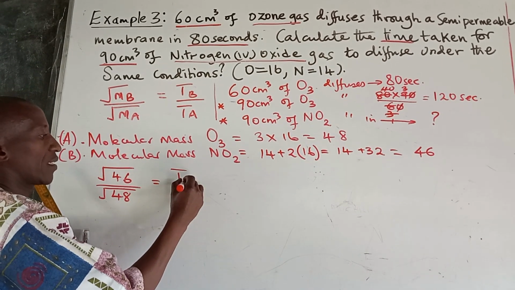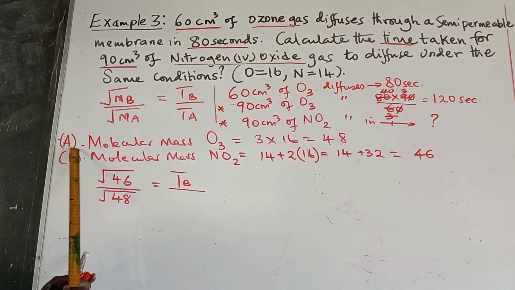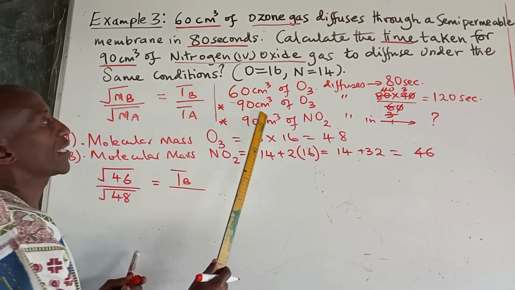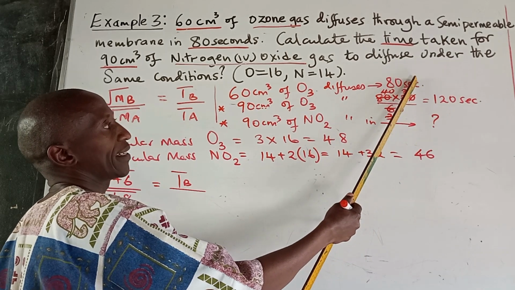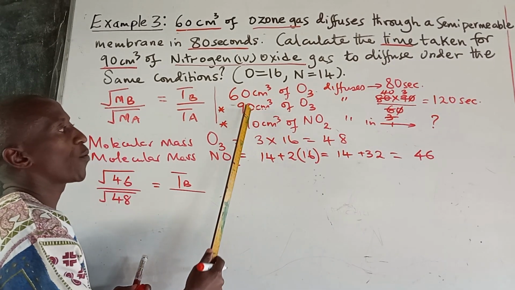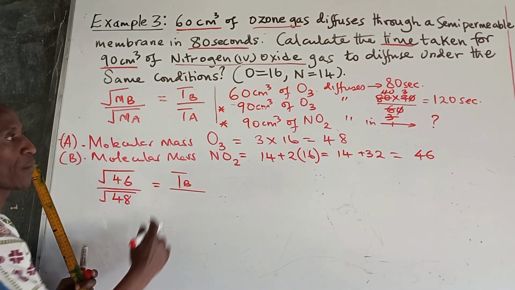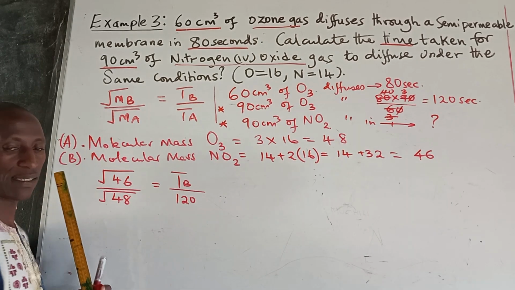We are looking for it. Time A is the time for the ozone, and we are saying equal volumes, so we use 120 and not 80 because we need to compare equal volumes. This is a point we had said earlier on. So here we shall talk about 120 seconds.